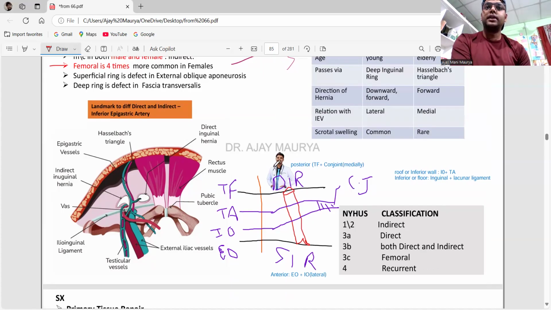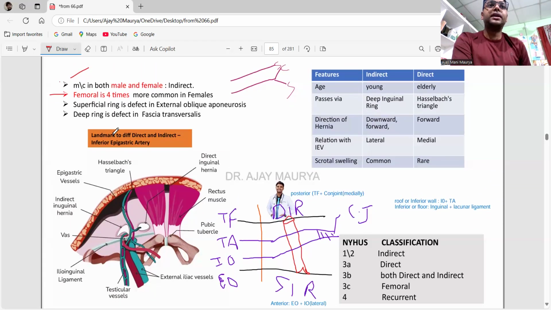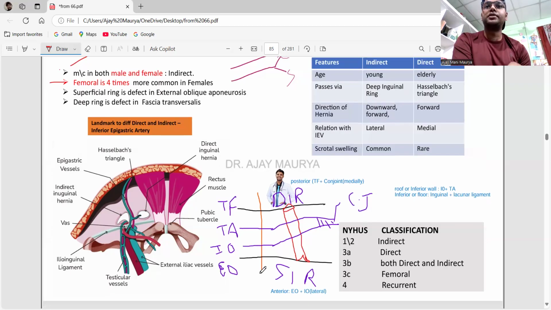See here, the superficial ring is a defect in the external oblique muscle. So this is the superficial inguinal ring. It is formed by the external oblique muscle. The deep inguinal ring is formed by the transversalis fascia.